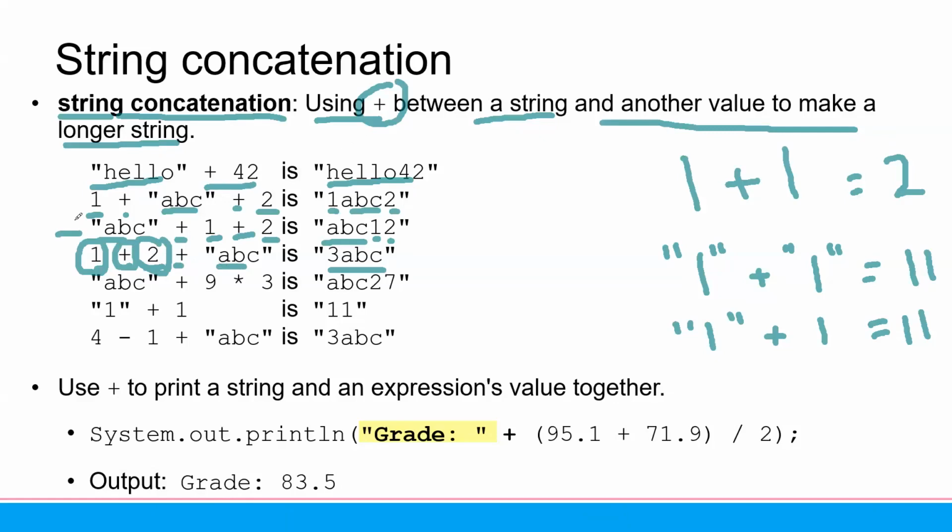This one, why? Because the first part, okay, why is it not ABC3? Because the left part is already a string. So string is higher. The first level is like the integer, and then you have the next level.